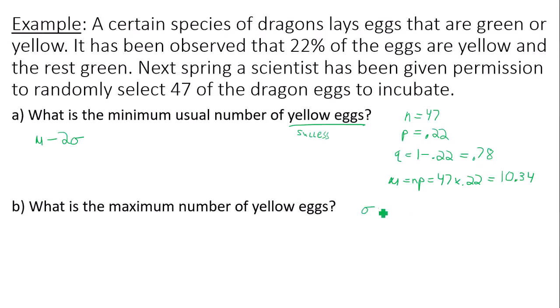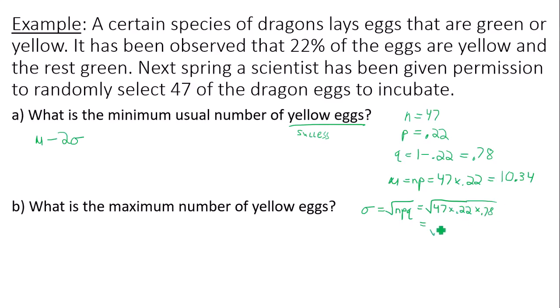Alright, standard deviation is square root of n times p times q. That's square root of 47 times 0.22 times 0.78.